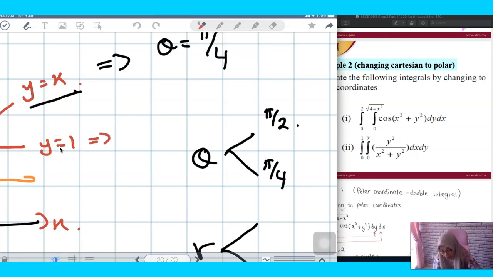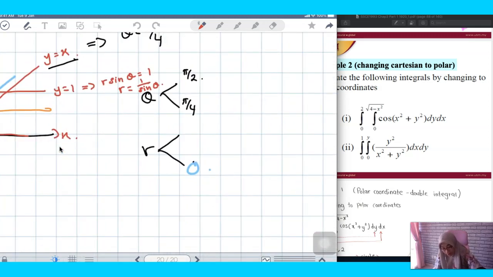So how can we convert? You have to use the formula. Y in terms of polar is r sine theta equal to 1, because 1 is just a number, it is fixed. Now you want to have r, not theta, right? So r equal to 1 over sine theta. So now your r is 1 over sine theta.